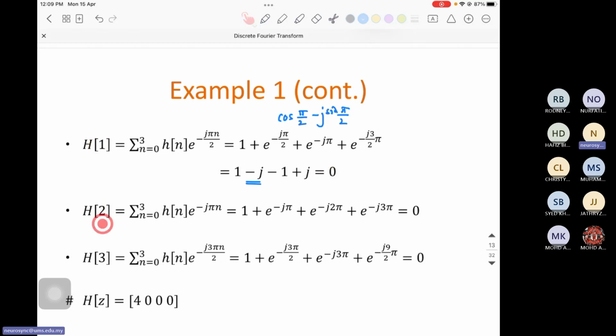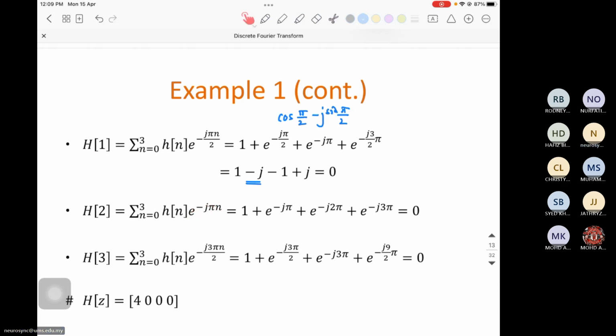So if you put k equal to 2 here, again, this is j into 2 pi by 4, that is pi by 2, into n. Here 2 will cancel. k equal to 2 I am saying, therefore divide by 2 and this 2 will cancel. So you will be left with e to the power minus j pi n.